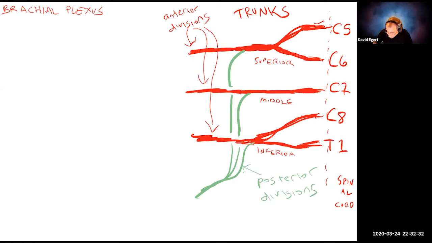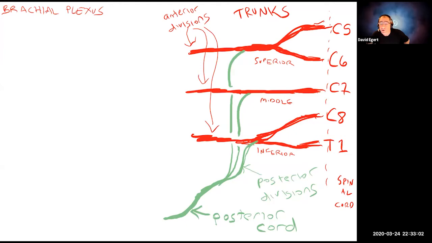And all of the three posterior divisions come together to become what's called the posterior cord. When you're looking at models or pictures, or at a real brachial plexus, you can see that it goes behind, and these other things are in front.